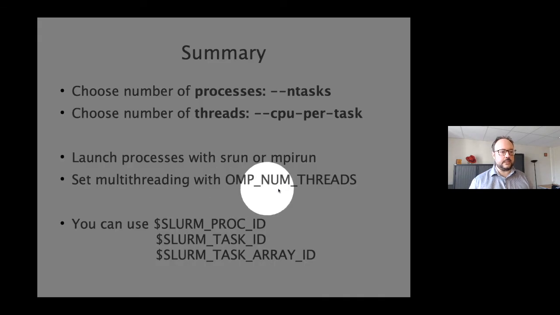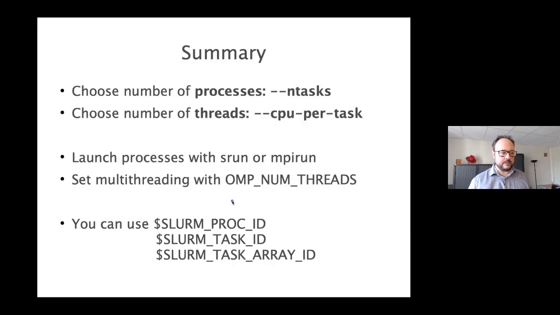And then you can set OMP_NUM_THREADS based on the Slurm environment variables. And then you can use variables that are set by Slurm, such as the task array ID or the task ID or proc ID, depending on which use case you are, to know actually which processor you are using. I didn't speak much about it except for the Slurm task array ID because it's the most important one.